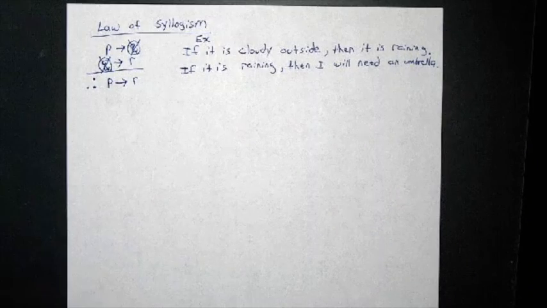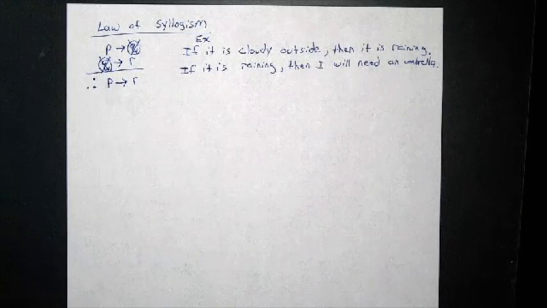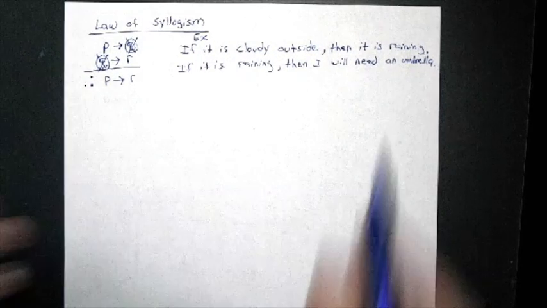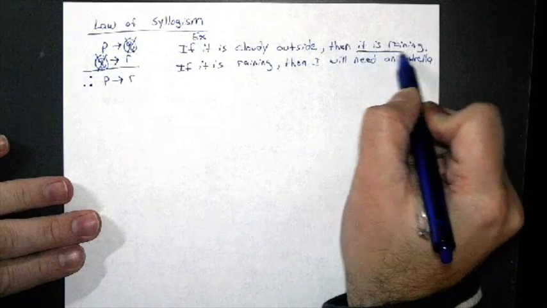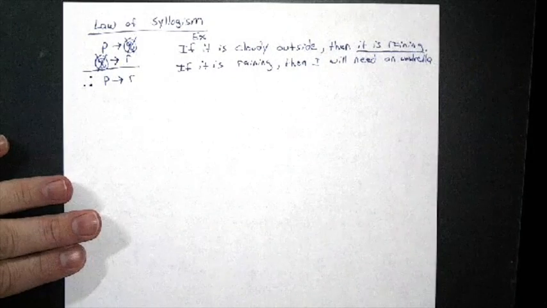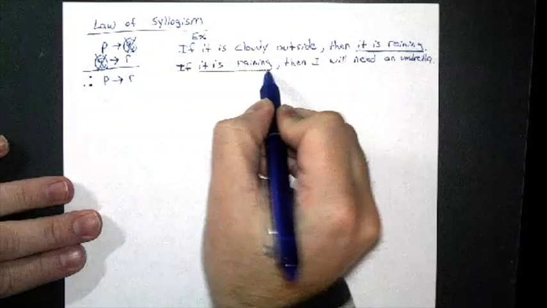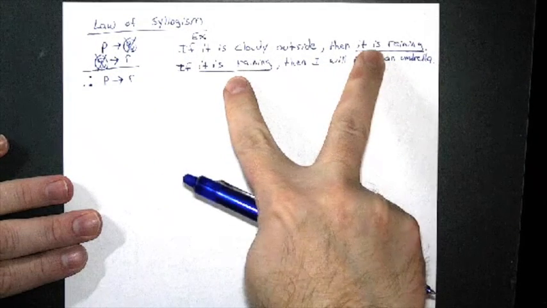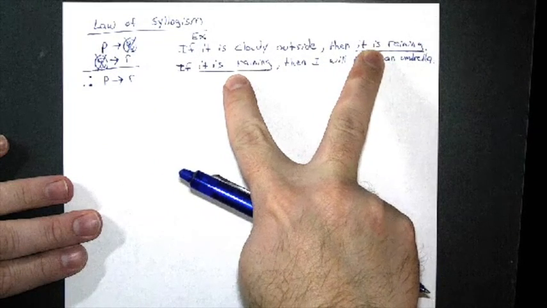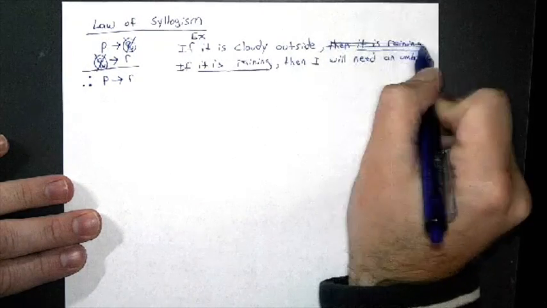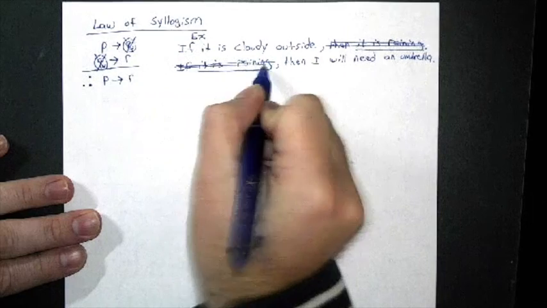Okay, so since we have two if-then statements, we know that it's the law of syllogism. So what I need to do is underline the conclusion of the first statement, it is raining, and the hypothesis of the second statement, it is raining. If these two things match, only if they match, I can mark the whole conclusion out here and the whole hypothesis out here.